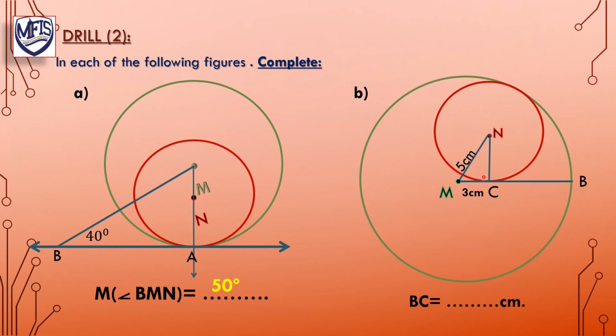So 5, the length of MN, equals R2 minus R1. 5 equals R2 minus 4. That means the length of MB, the radius R2, equals 9. So BC equals 9 minus 3, which equals 6 centimeters.